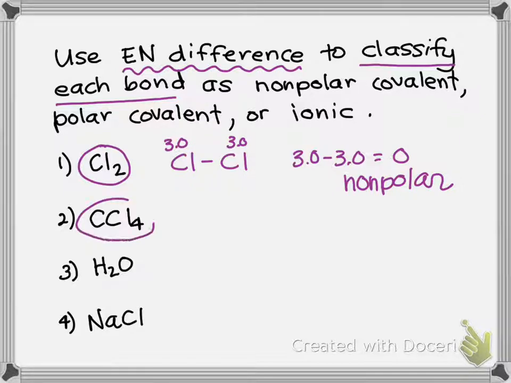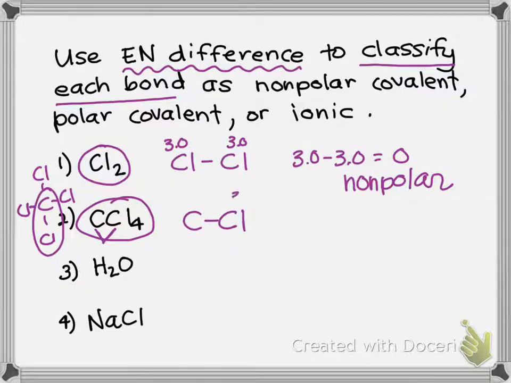Now, what if they give you CCl4? Well, with CCl4, I really just need to look. It's a carbon in the middle with 4 chlorines. And they're not asking me about all of them. They just want to know about one of the bonds. So I say a carbon and a chlorine. Well, we just saw chlorine was 3.0.